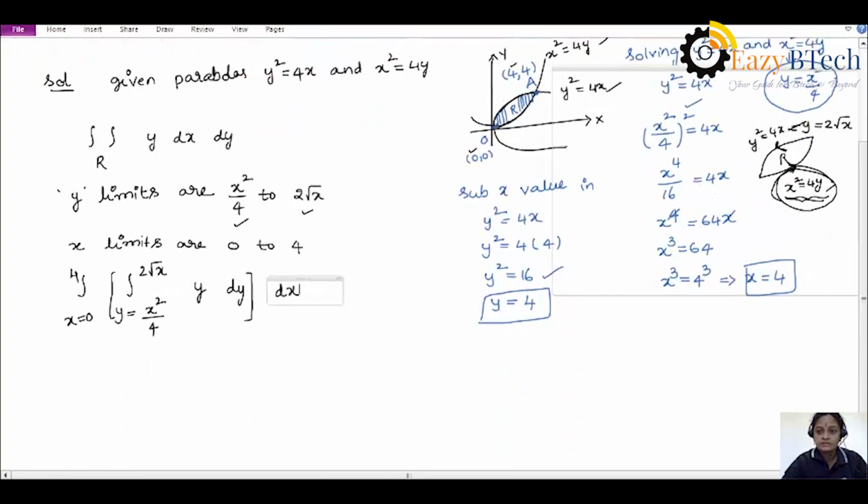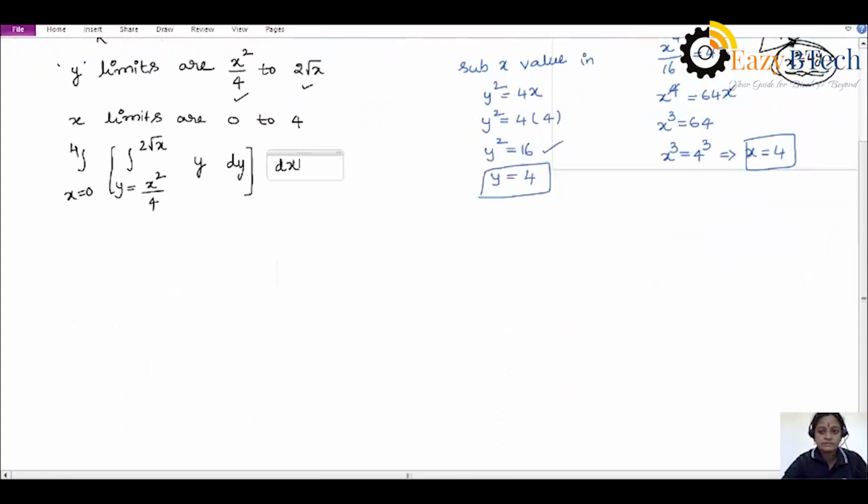The y integration is y square by 2, then the integral over x is equal to 0 to 4. The lower limit is x square by 4, the upper limit is 2 root x, dx.